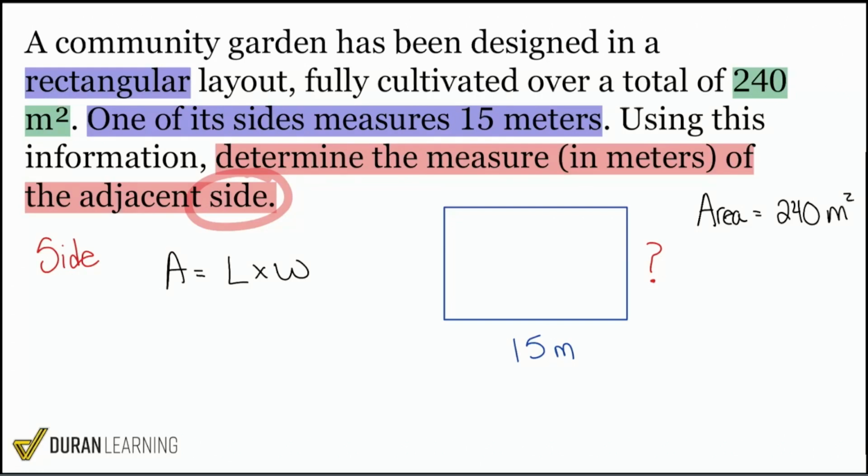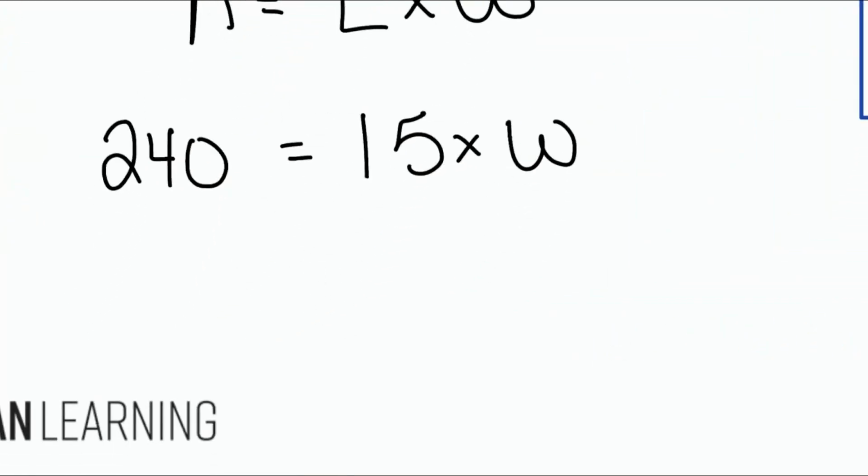And if we plug in everything we have, look at how easy it can feel. 240, the area, equals the length, which is 15, times that missing width. Even if we don't know what the calculation will result in, what is the calculation we need to do to finish this problem? Yes, division. We just need to divide both sides by the 15, and that's it.